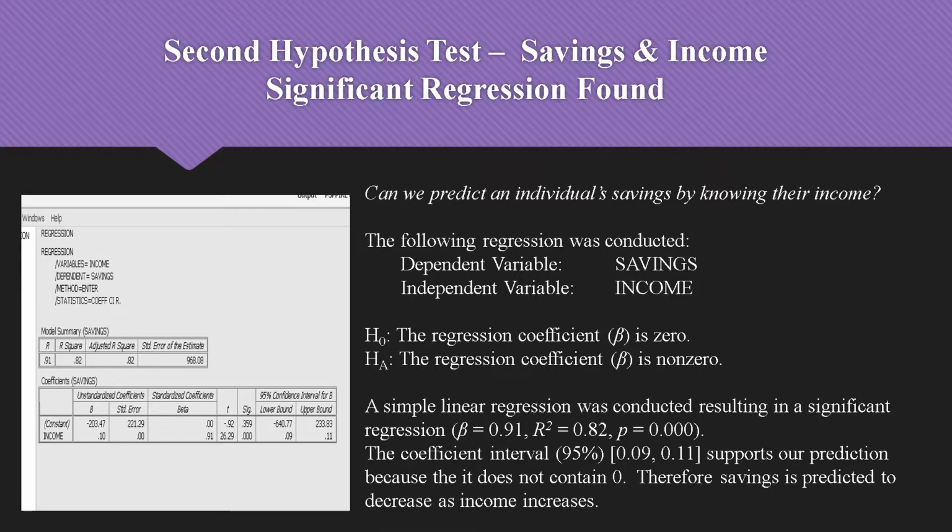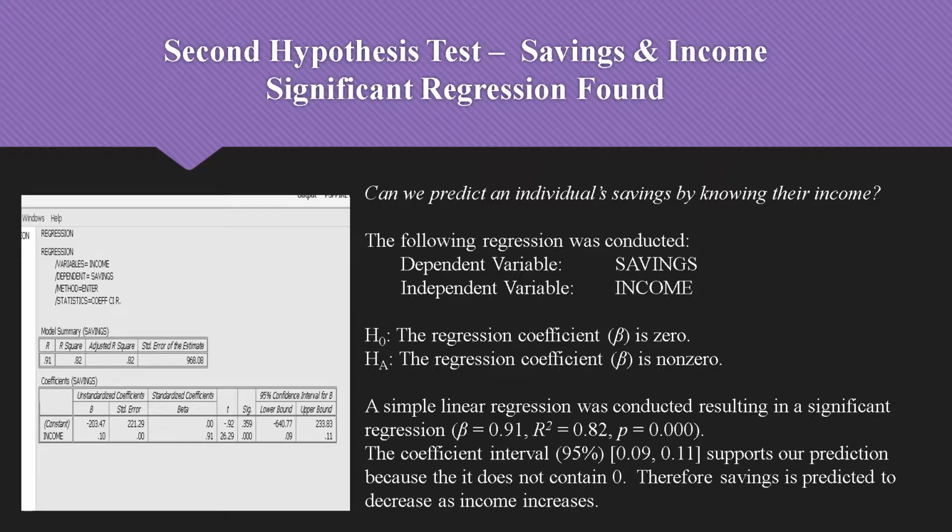So a simple linear regression was conducted, as you can see to the left. Now this test resulted in a significant regression. Our beta coefficient is 0.91, R squared, or coefficient of determination value, is 0.82. Our p-value is 0. The confidence interval is 95%.